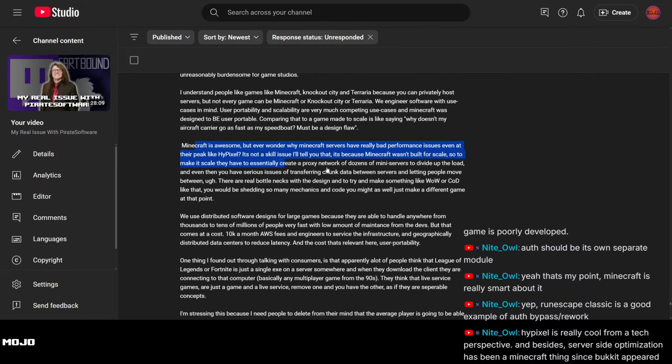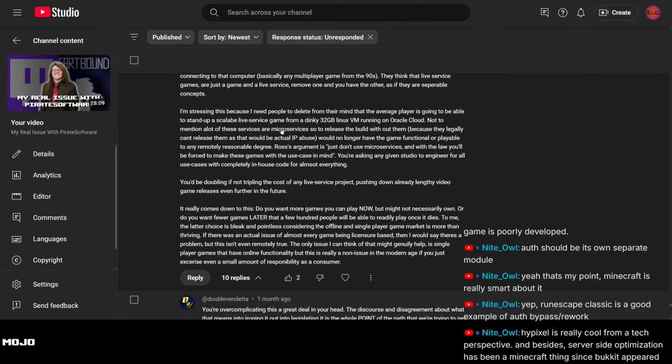I do understand what they're saying. Microservices are just the same service, but modularized and put in a different container. Yes, they are hosting them on different services, but that's not hard, you know? You can just spin that up. You can spin up microservices on the same server. You know what I mean? This isn't an argument against it. Anyone who wants to spin up a live service game from a dinky VM is fine.